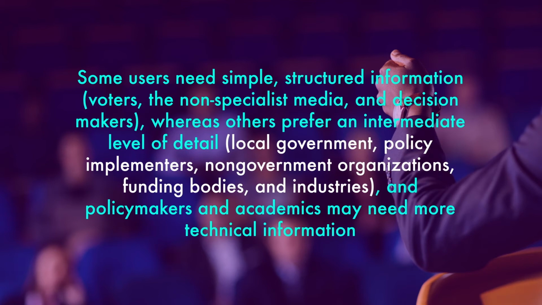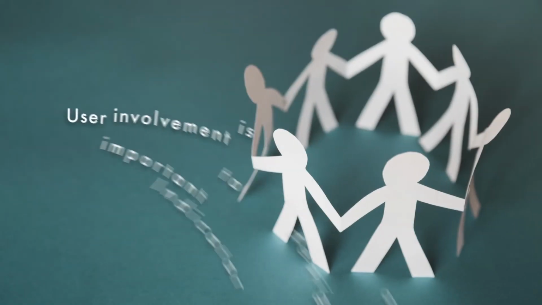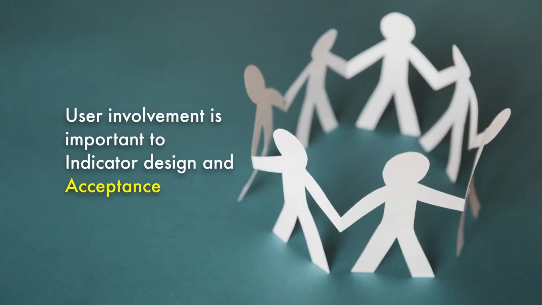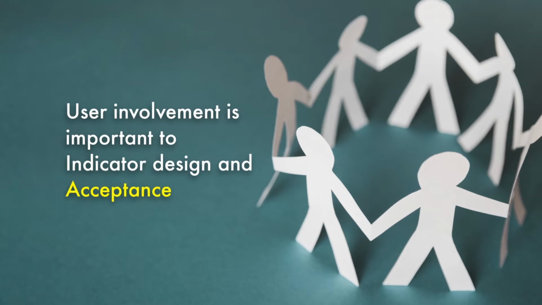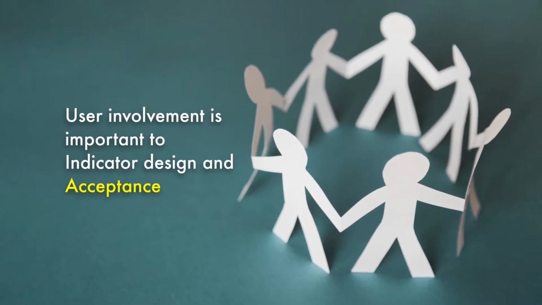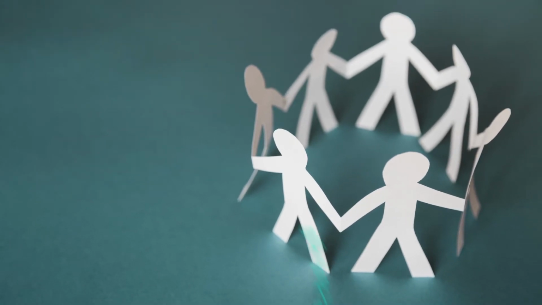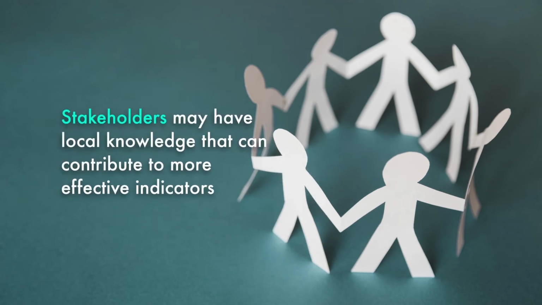And if you look into the users, policymakers in economics need more technical information. So when we develop the indicators, user involvement is important for designing and for acceptance by the users. Stakeholders may have local knowledge that can contribute to more effective indicators.